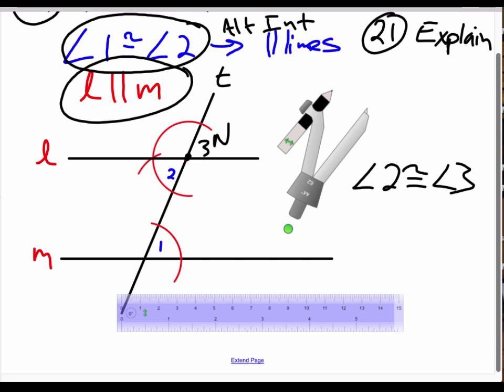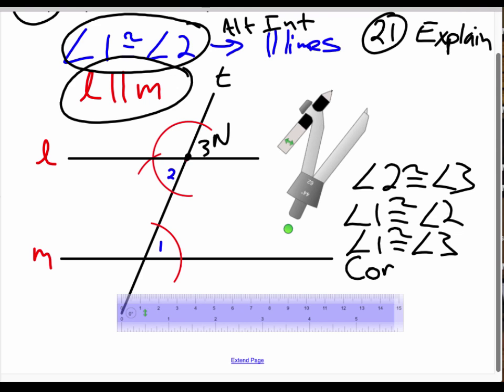Then since angle 1 is congruent to angle 2, we can conclude that angle 1 is also congruent to angle 3 through the transitive property of congruence, and they're corresponding angles. That's the first thing that we proved in this section: when you have congruent corresponding angles, then the lines L and M would be parallel. Does that make sense? Okay.